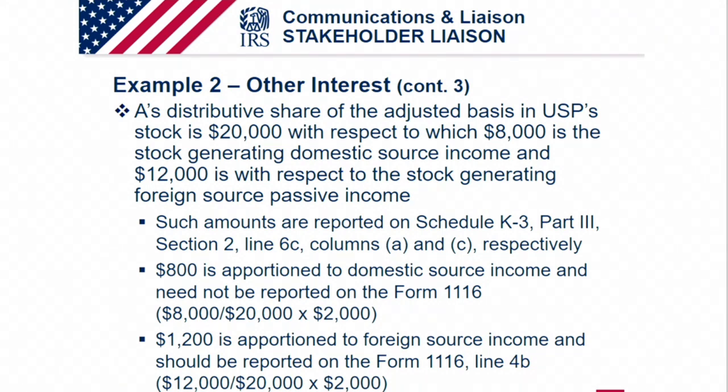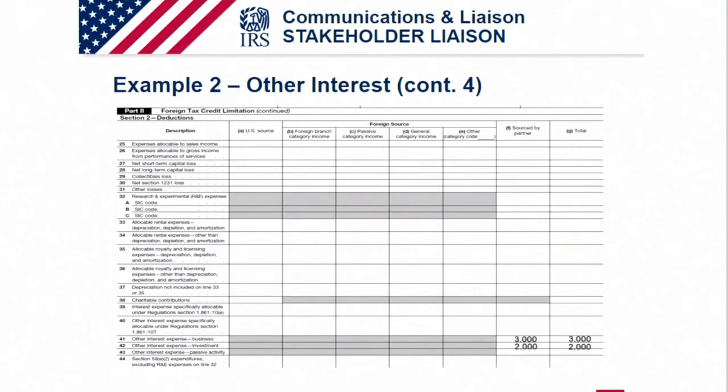So because there's only two types of income generated by the stock, the domestic source income and the foreign source passive income, the remaining amount of the 2,000 would be apportioned to foreign source passive income, which is 1,200. Now we look at this slide so that you can see what it looks like when you receive a Schedule K-3.